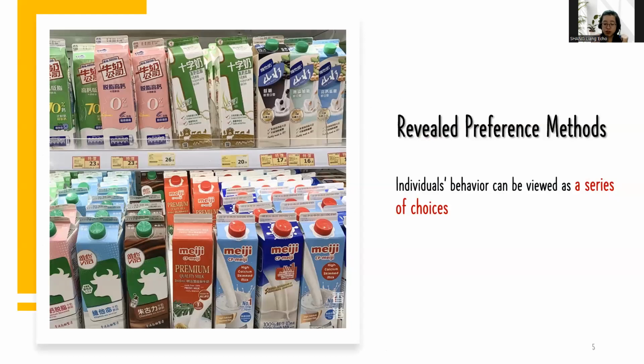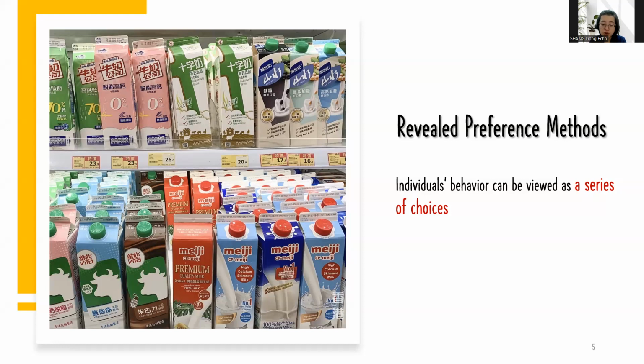So just using buying a dairy product as an example, let's suppose our research question is to understand which is the most popular product, what is the most preferred dairy product of consumers in Hong Kong.